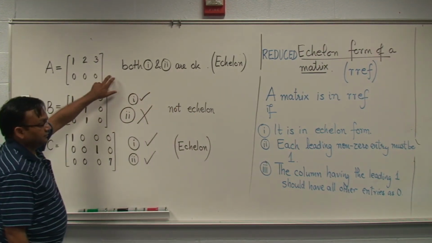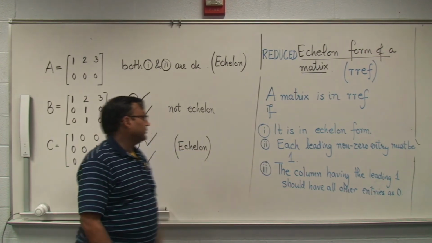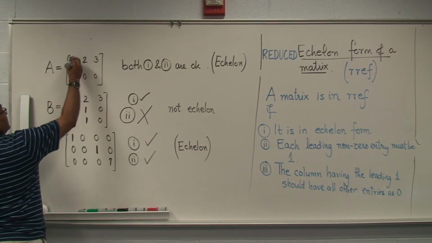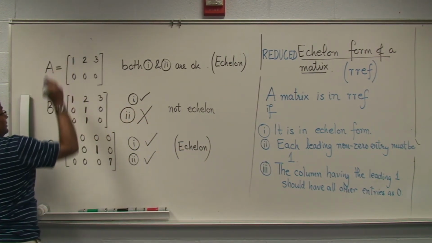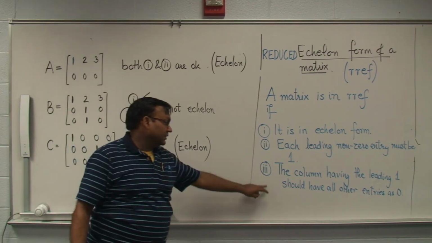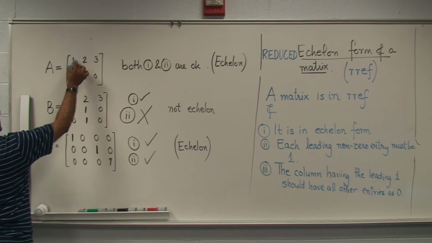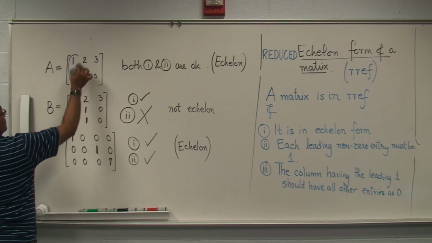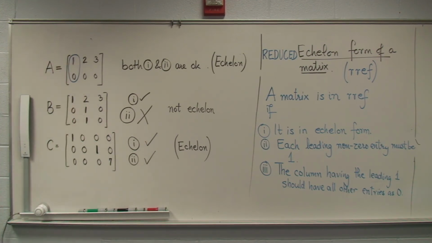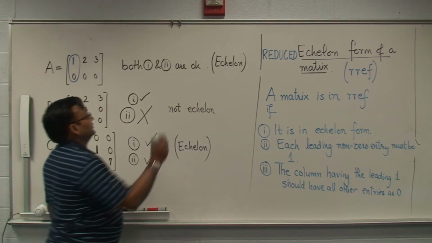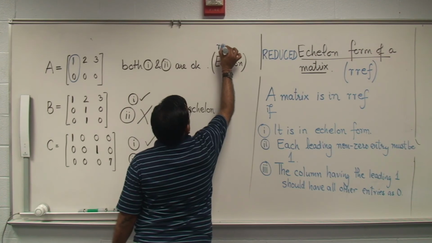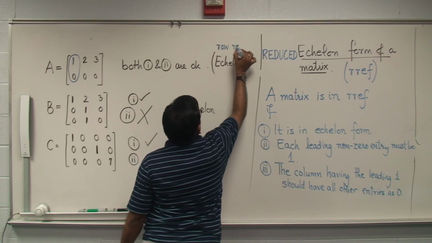It is in echelon form, fine. Each leading non-zero entry must be 1. Here is our leading non-zero entry and it is 1. And the column having the leading 1 should have all other entries as 0. As you can see, the column having the leading 1 has all other entries as 0. So it is, in fact, a row reduced echelon form.